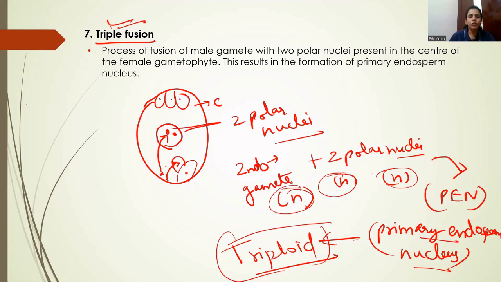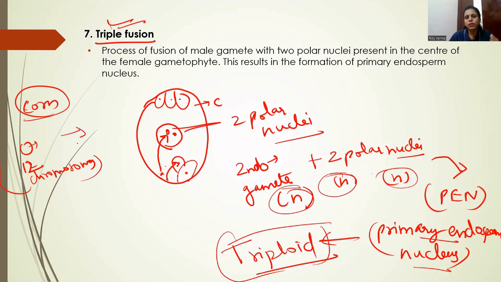For example, you have a particular plant, maybe a corn plant. If the male gamete of this corn plant has 12 chromosomes, listen carefully, how many chromosomes will be present in the cells of the primary endosperm nucleus?